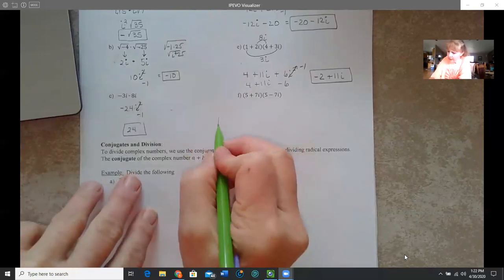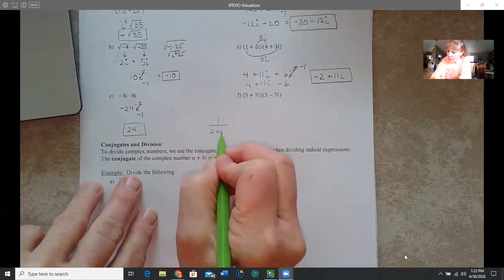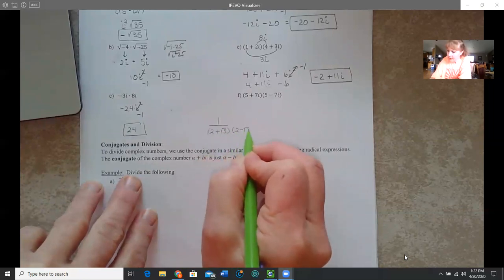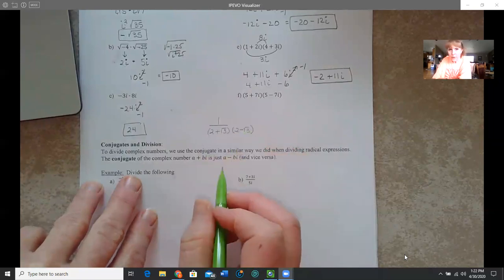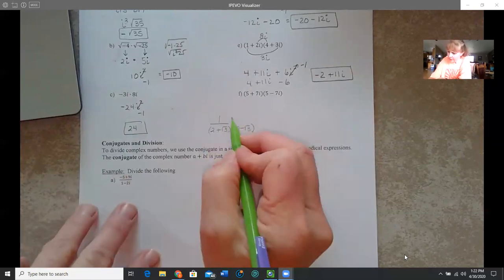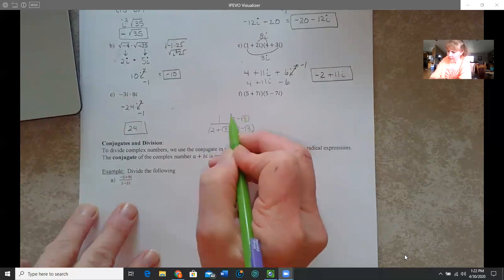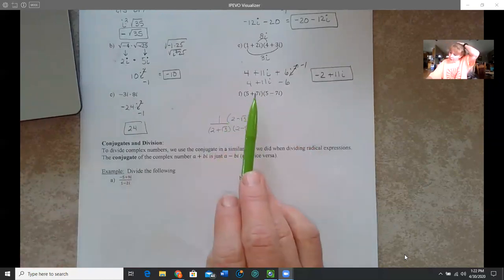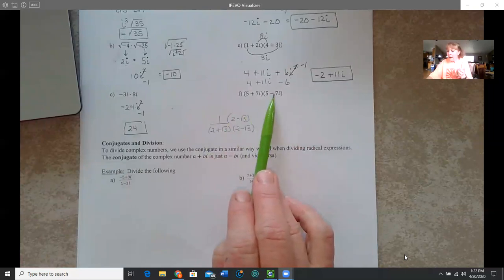So in other words, if I had 2 plus the square root of 3, I multiplied by 2 minus the square root of 3, and the square root of 3 dropped out. And then, of course, I had to do the same thing in the numerator as well. Well, here, these are conjugates, and let's see what happens to the i.